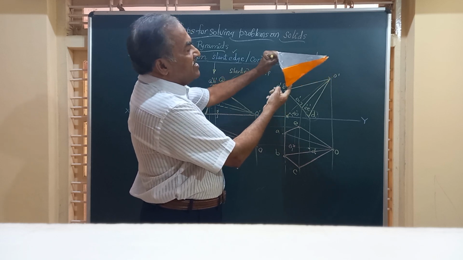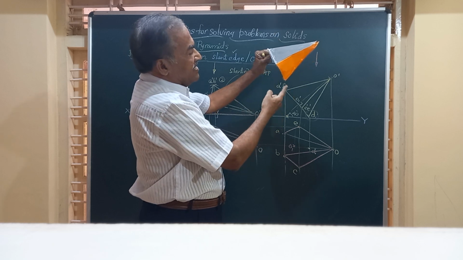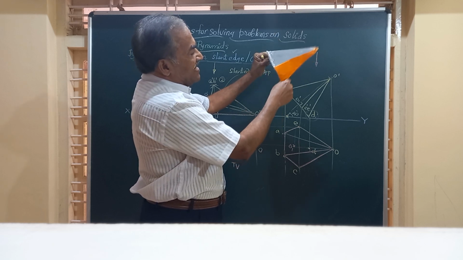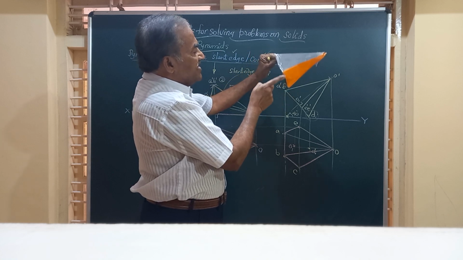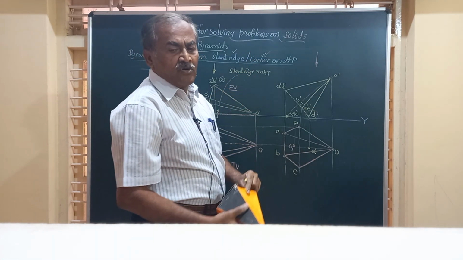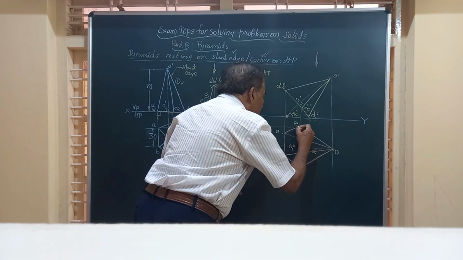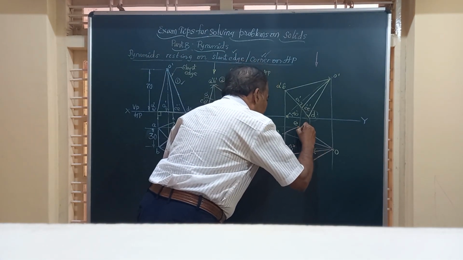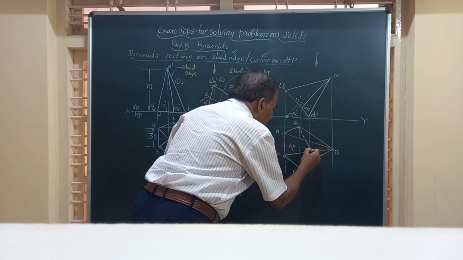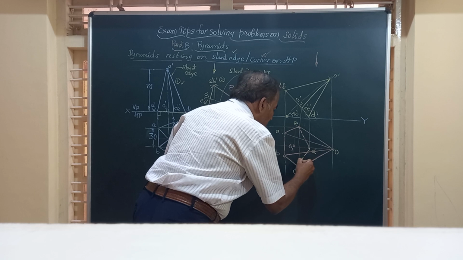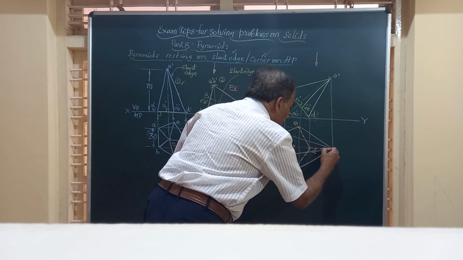And when it is resting on corner D like this, since it is an opaque body, the lines connecting that are O to that D to this edge. So the line connecting point D to point E has to be a dotted line. And similarly, D to C should also be a dotted line. Finally, O to D should also be a dotted line.